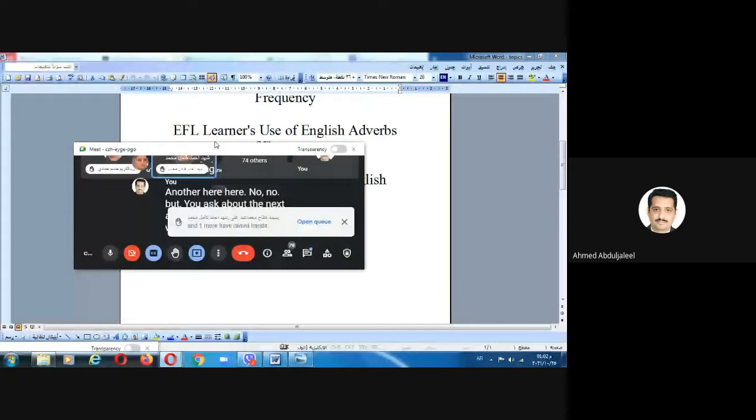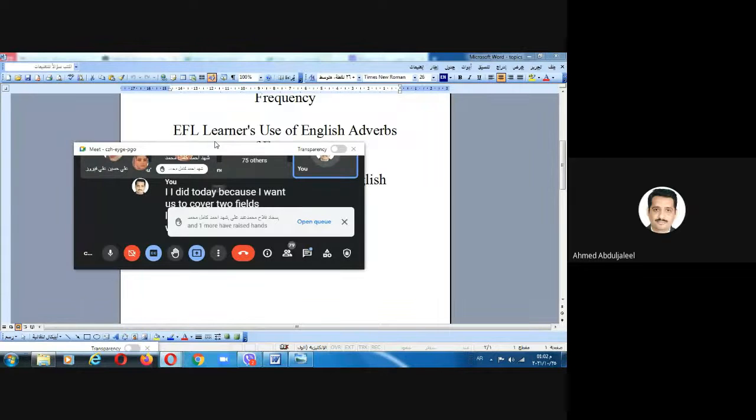About the assignment, no, you choose one, whether in linguistics or in literature. It doesn't mean that you are going to write both. I did it today because I just wanted to cover two fields, literature and linguistics. But you are free. Choose linguistics only, or choose, for example, literature. It doesn't mean that you are going to write two, only one.